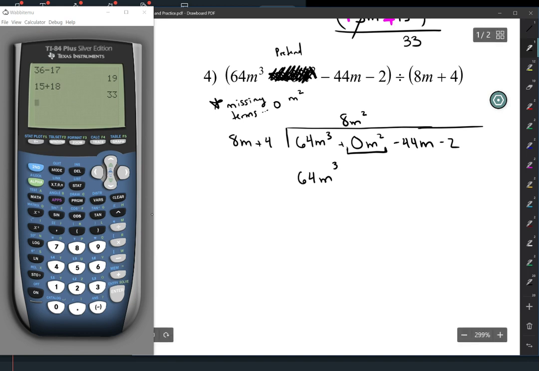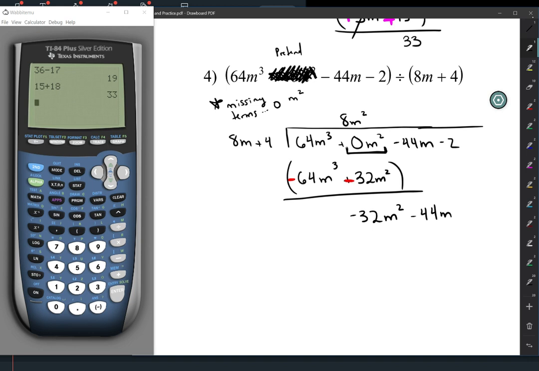And then 8 times 4 is going to be 32. Switching the signs, that's still going to happen. And it would just be 0 minus 32, or negative 32m squared. So nothing else changes. I just have that filling.